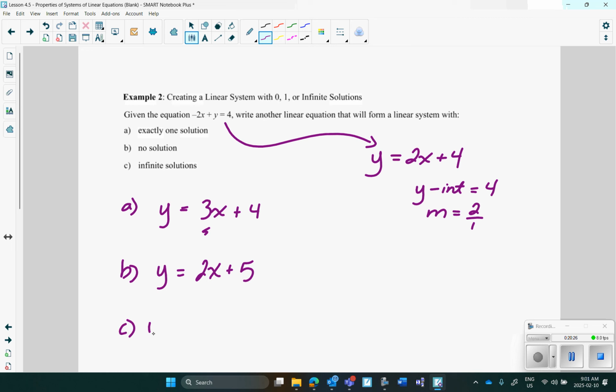Well, it's just the same equation. 2x plus 4. Okay. Any questions?